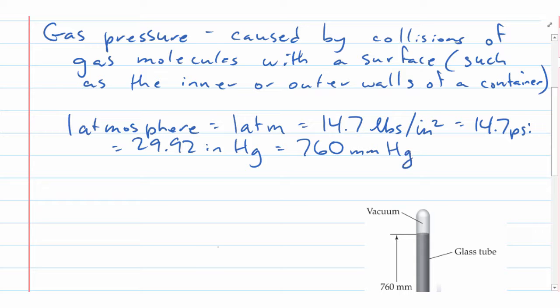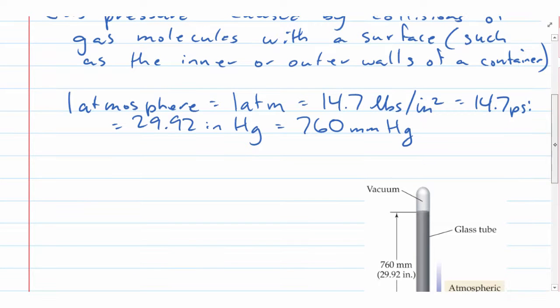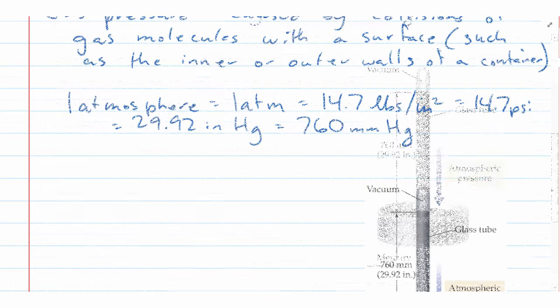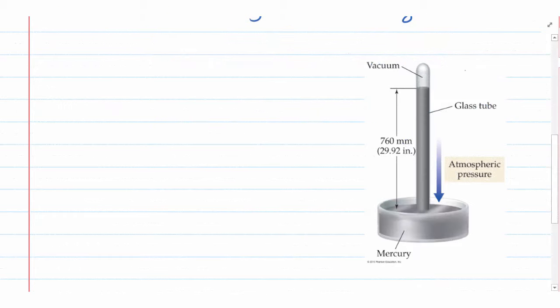Now, as far as where these things come from, there's actually a reason why we use mercury. It's because mercury is the most dense liquid that there is. And so this here is a mercury barometer. In a mercury barometer, what we do is this. First of all, this upper portion is a vacuum.